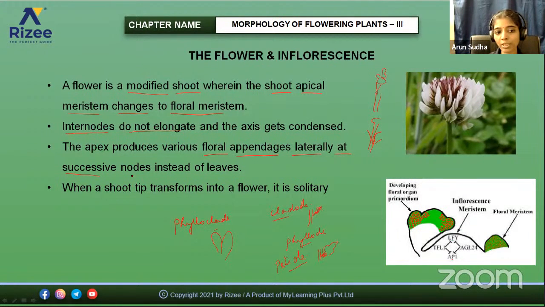So when there is a formation of the flower, what happens? Instead of leaves, there occurs a formation of flowers. So when a shoot tip transforms into a flower, it is called a solitary flower. So there are different types of arrangement actually. So we'll see in detail about the inflorescence.